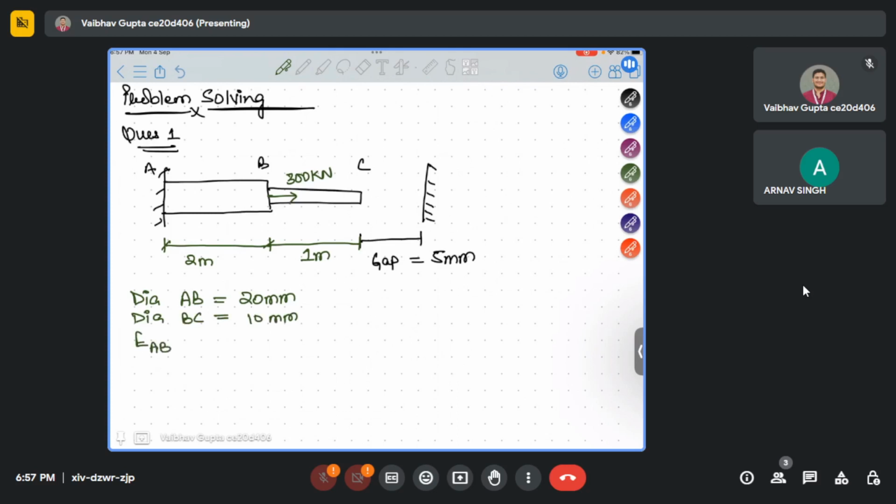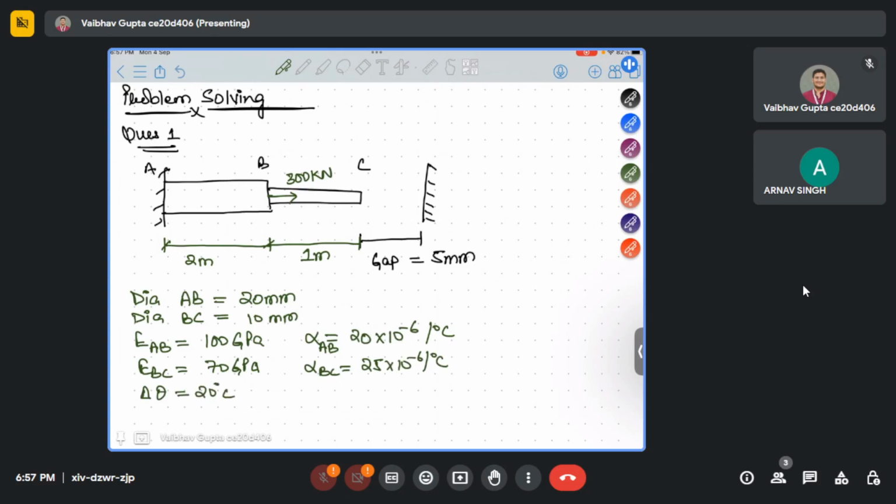Modulus of elasticity for AB is 100 GPa, and for BC is 70 GPa. Alpha for AB, the coefficient of thermal expansion, is 20 into 10 to the power minus 6 per degree Celsius, and alpha for BC is 25 into 10 to the power minus 6 per degree Celsius. And delta theta is 20 degrees Celsius.